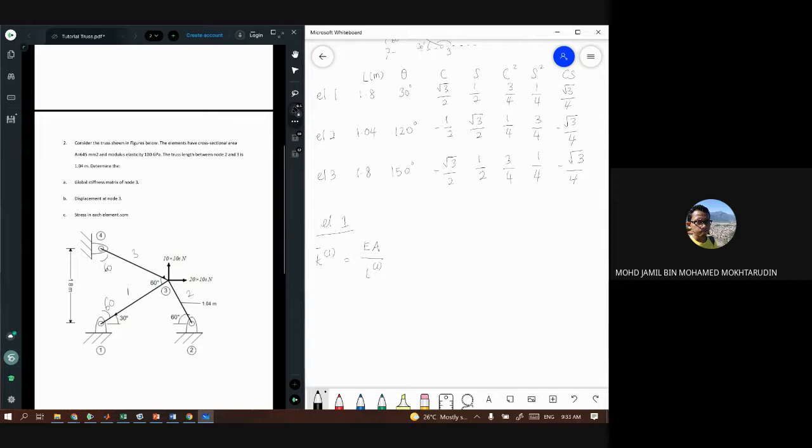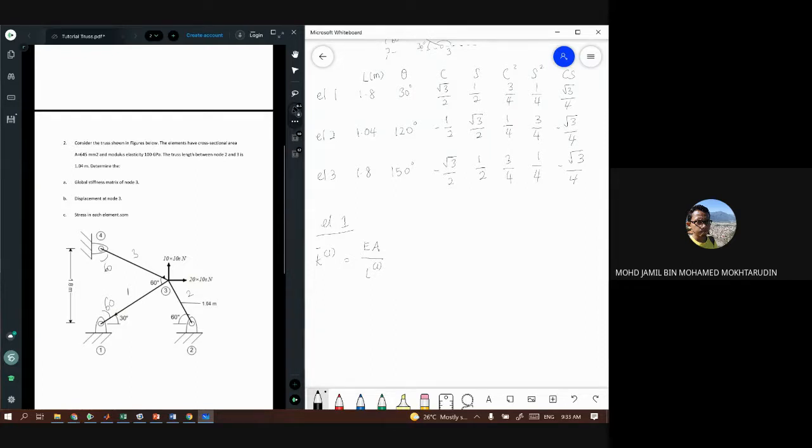Okay, so we get 645 times 100 gigapascal divided by length. So we take everything in millimeter. Instead of converting to meter, we convert everything to millimeter.